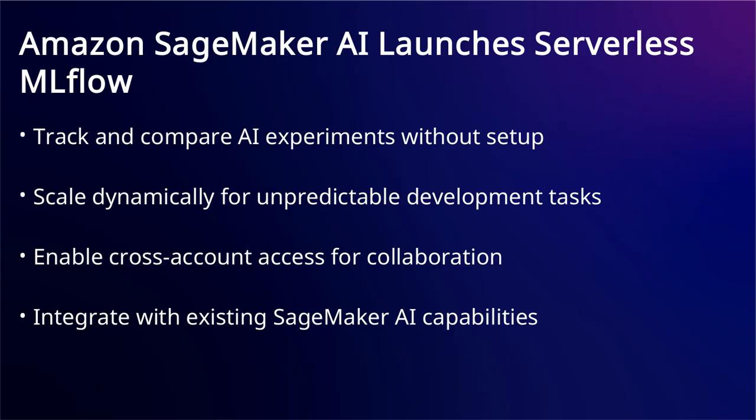You can enable cross-account access to improve collaboration across teams. The feature integrates with existing SageMaker AI capabilities, ensuring seamless workflow integration. This serverless offering eliminates the need for manual infrastructure management, allowing you to focus on AI development while reducing operational overhead and improving cost-effectiveness.